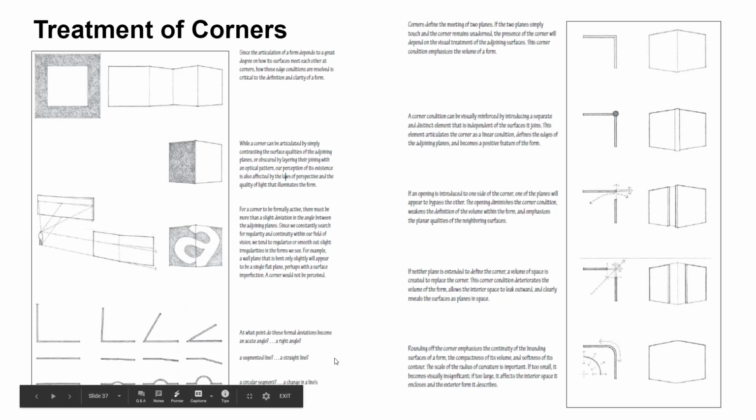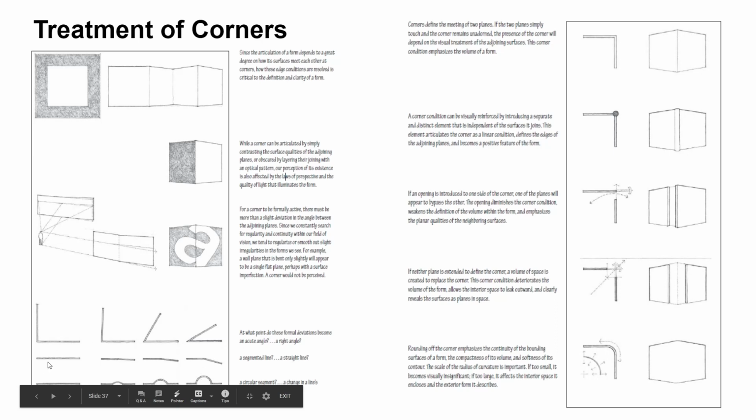So at one point, do these formal deviations become an acute angle, and then a segmented line. So you have your acute angle, so the different angles, then your right angle, a segmented line.